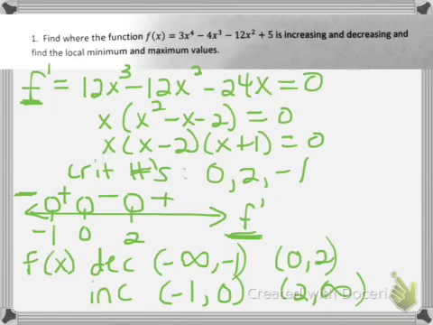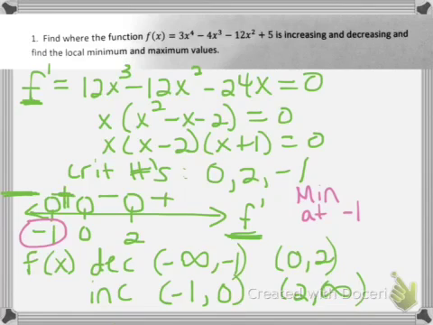I've already done all the work. Okay? Because this shows that the derivative went from negative to positive. So I have a local minimum at negative 1. Okay, I know that again because the derivative went from negative to positive. So I have a minimum at negative 1.